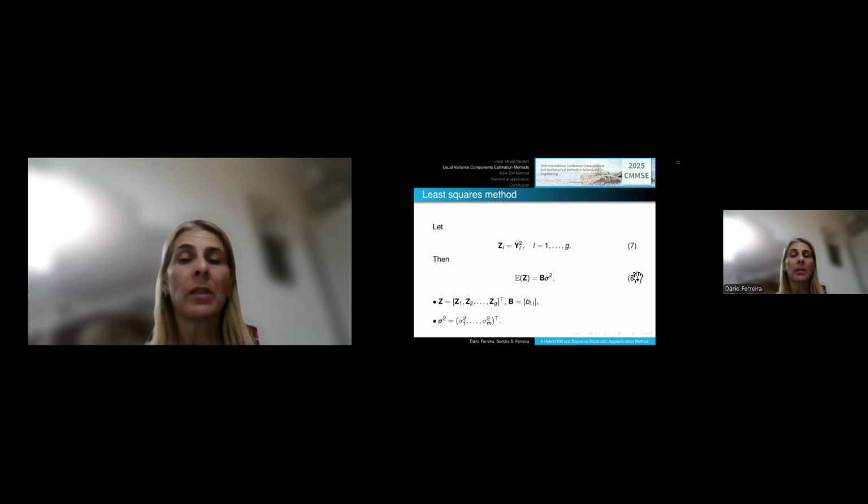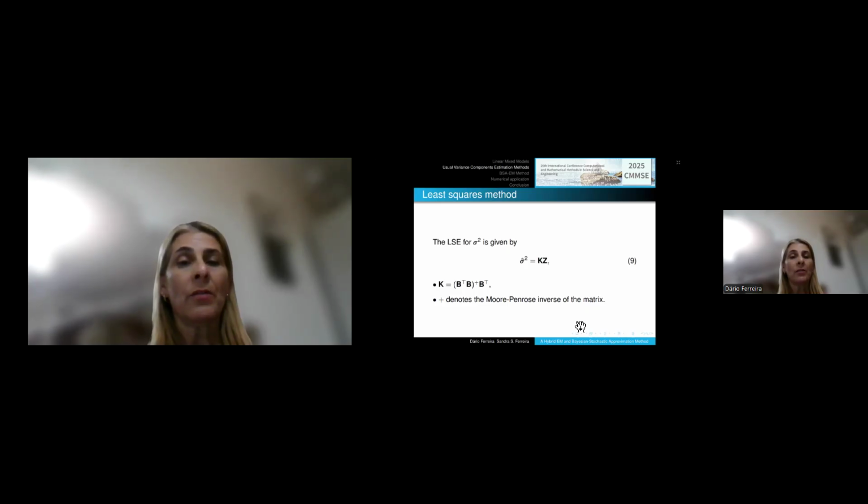So the expectation of Z is equal to B sigma squared, where Z, B, and sigma squared are given by these expressions. The LSE for sigma squared is given by 9, where K has this expression, and plus denotes the Moore-Penrose inverse of the matrix.